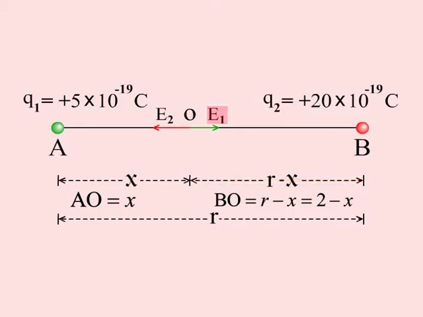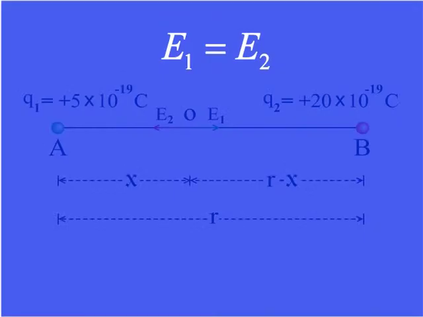Let E1 and E2 be the electric fields at the point O due to the charges Q1 and Q2 respectively. Then electric field will be 0 at the point O only if E1 and E2 are equal in magnitude but opposite in direction.